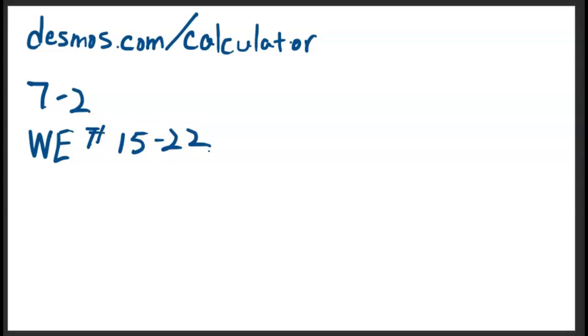Get comfortable using that calculator and finding your rational roots. And I want you to pay attention to the number of rational roots that you get and compare that to the equation.